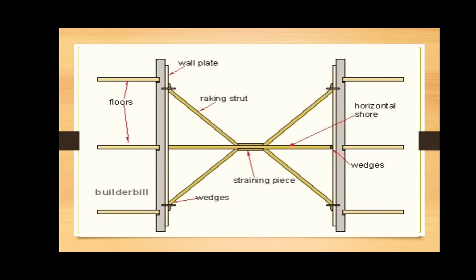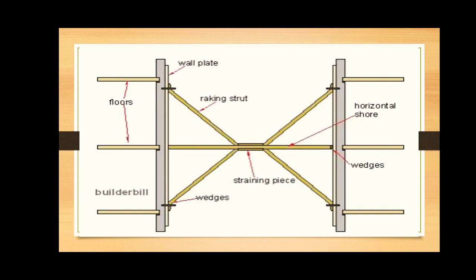So the flying shores are used temporarily to support two parallel walls as seen in the picture, and the maximum distance which can be supported with the aid of flying shores is considered to be 10 meters. Such shoring work is used in residential areas where, out of a number of houses, one house has to be removed, demolished, or rebuilt, so we use the flying or horizontal shores to protect the others.